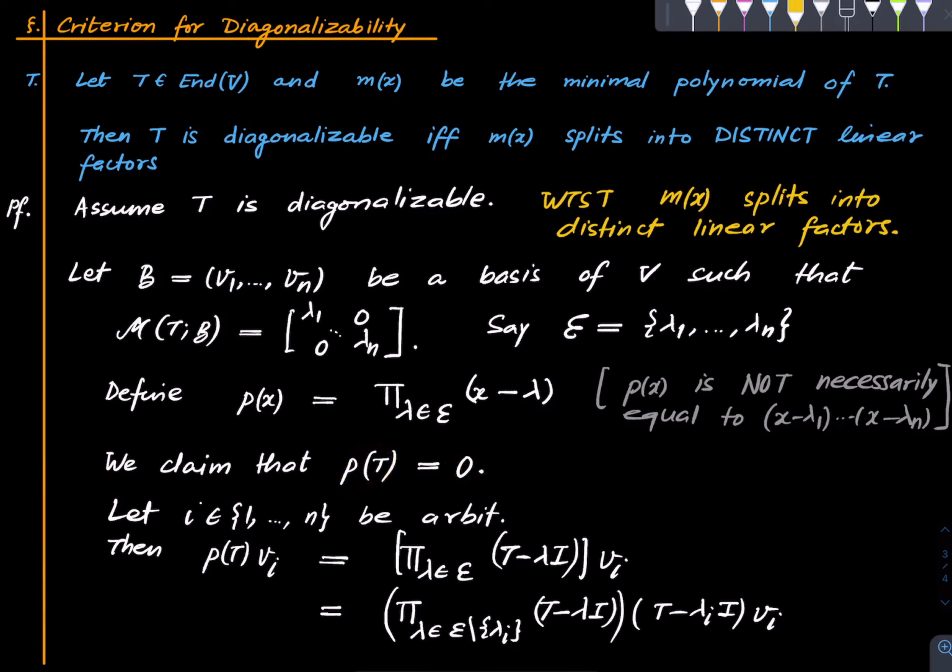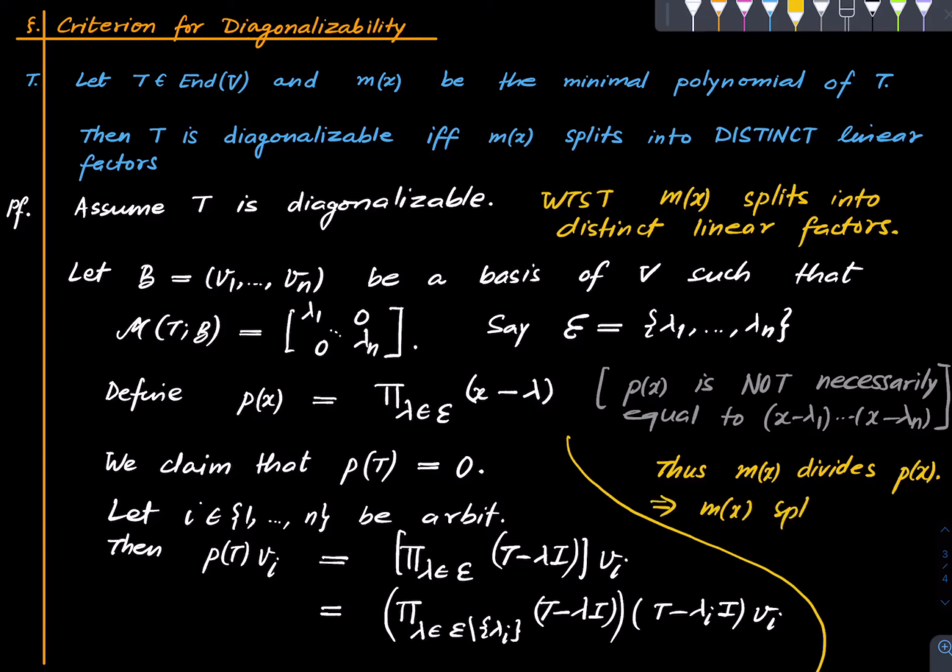So thus m_T(x) divides P(x), and since P(x) splits into distinct linear factors, m_T(x) also splits into distinct linear factors. That's the proof of this direction.